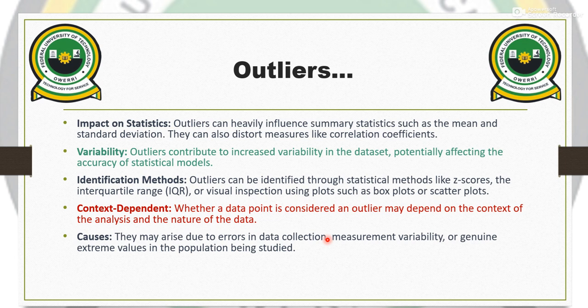Okay, outliers in relation to identification methods: outliers can be identified through statistical methods like the z-score, the interquartile range, or visual inspection using plots such as box plots or scatter plots. Sometimes you may not notice outliers when the data is still in the raw format, but when you use visualization, it is easier for you to spot outliers.